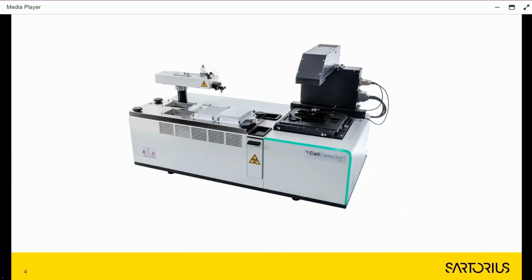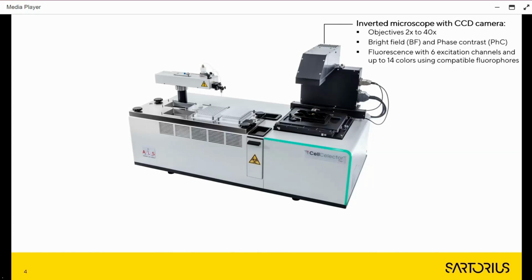CellCelector Flex is an extremely versatile system that can be configured to any picking needs. When configuring the system, it is possible to choose objectives between 2x to 40x magnification to allow identification from a large 3D structure to a single cell.